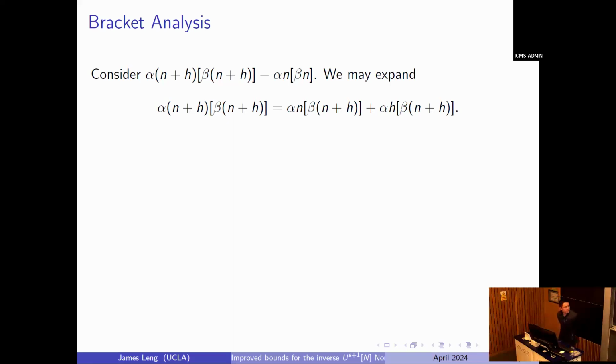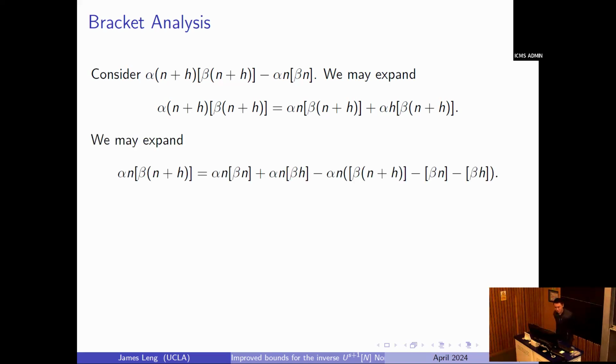What we could do is use a distributive property on the first term. Then we could pretend that we can use a distributive property on the second term, except we have to remember that it doesn't quite distribute.